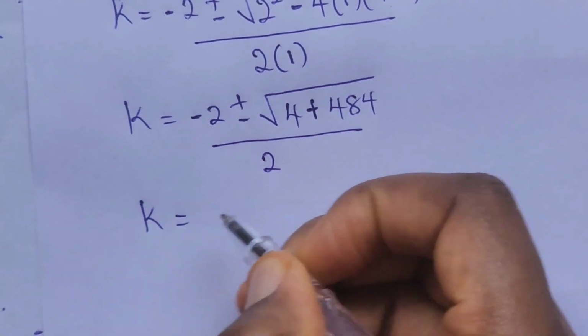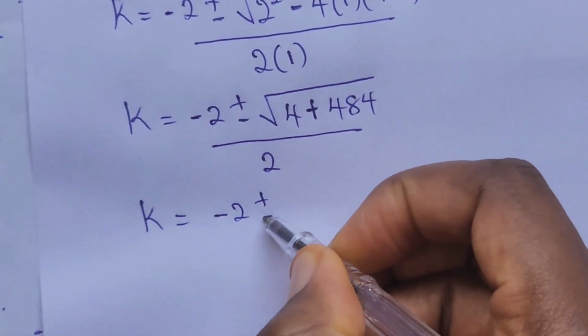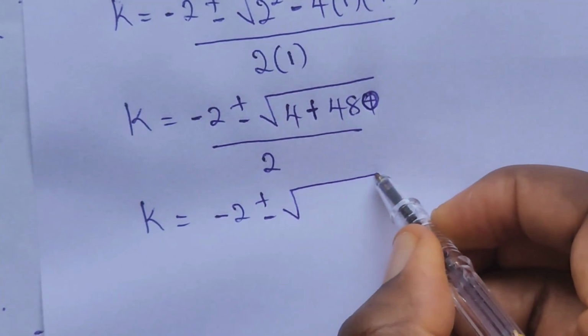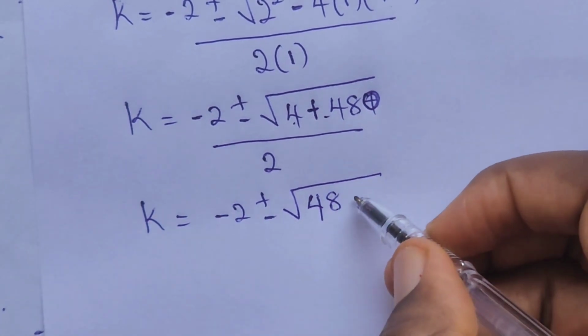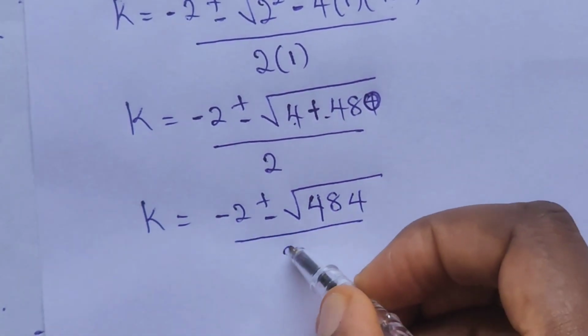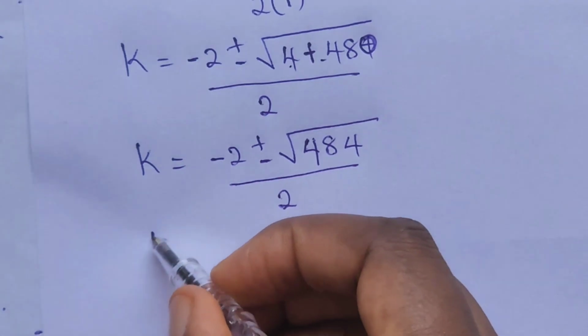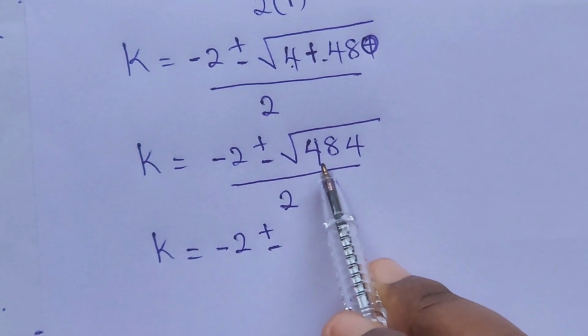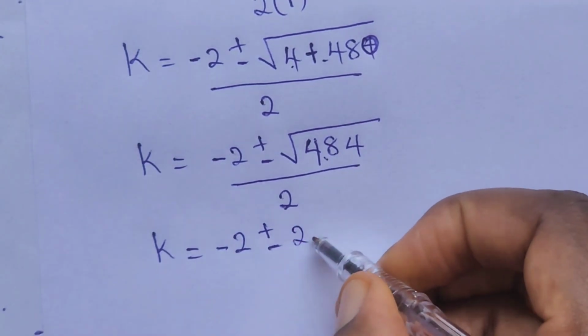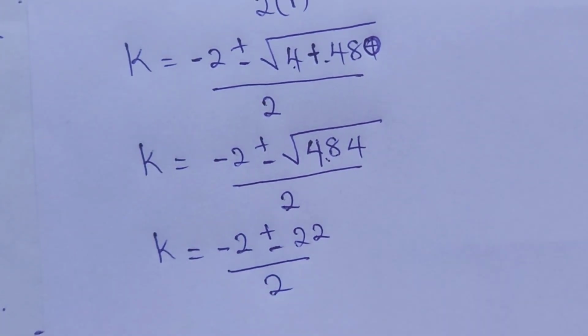So we have k equal to minus 2 plus or minus the square root of 4 plus 480, we have 484, all over 2. We have k equal to minus 2 plus or minus the square root of 484, we have 22, over 2.